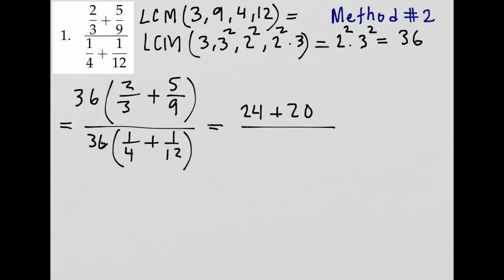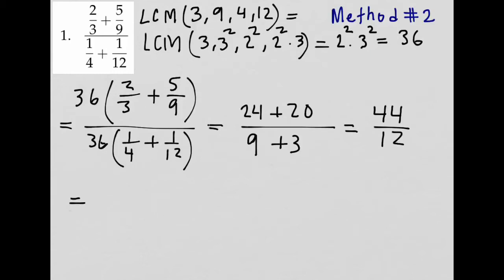In the denominator, 36 times 1/4 is 9, and 36 times 1 over 12 is 3. That's equal to 44 over 12.